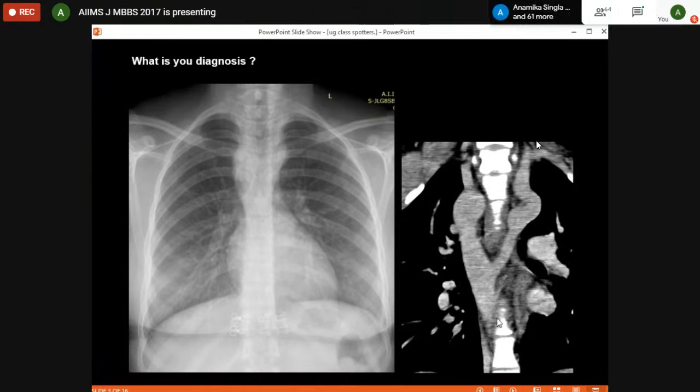This is exactly the corresponding image of the same patient, and you can see that the arch is going from this side. This is an aberrant left subclavian artery that is going from here. This impression is basically of the aberrant left subclavian artery, but that's a little higher level. So we'll just stop right here that it's a right-sided aortic arch.